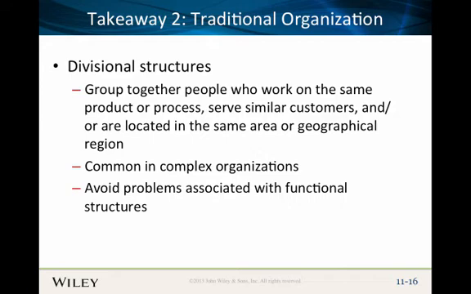Those are what we call divisions. So everybody that works in Toyota Japan works on products and services geared towards the Japanese market. Similarly, everyone that works in Toyota America works on products and services geared towards the American and North American market.